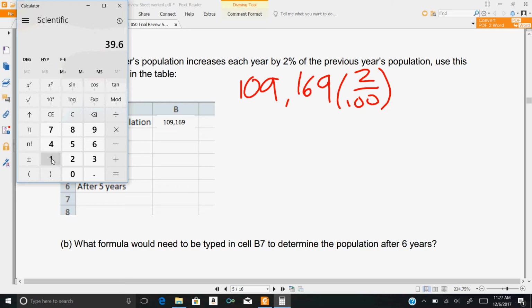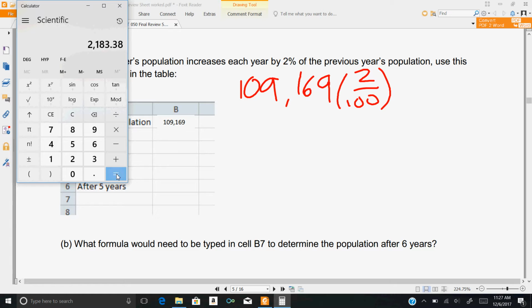So 109,169 times 2 divided by 100. If you want, you could do 0.02, but I'm going to do it this way. So it's going to increase by 2,183.